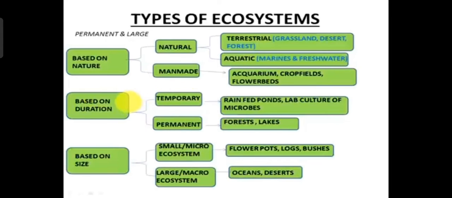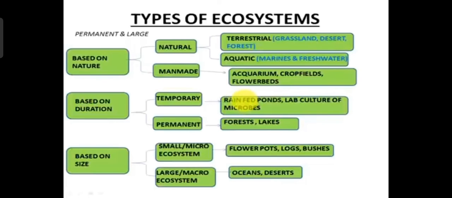Now based on the duration, whether they are available for a longer time or for a shorter time, whether they are temporary or permanent. So there are again two types of ecosystem, the temporary and the permanent ecosystem. Temporary will consist of rain-fed ponds, those ecosystems which are available only for some particular time or some particular seasons.